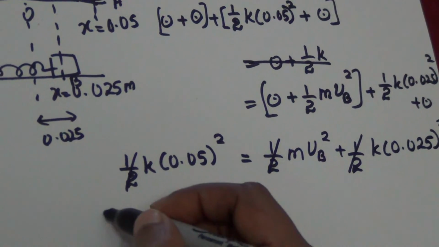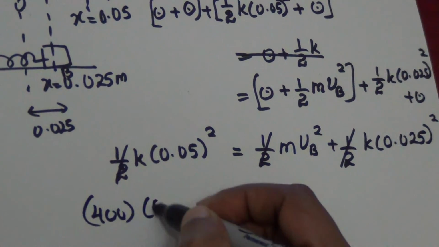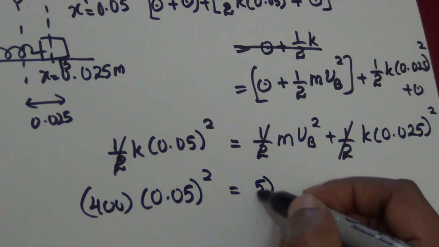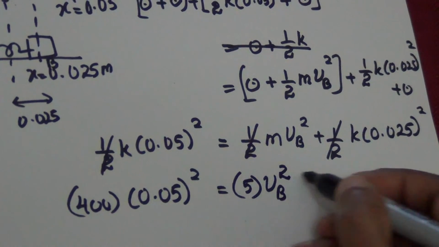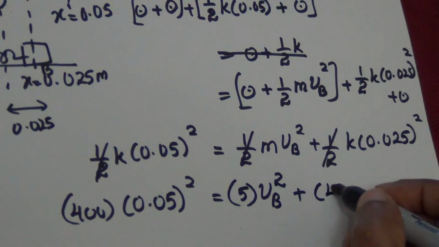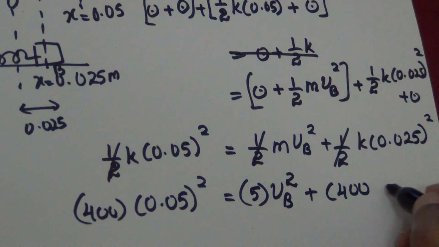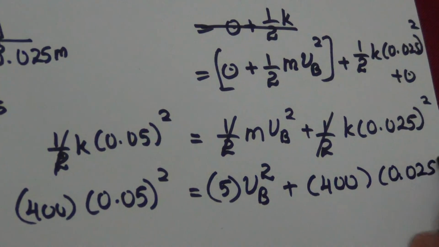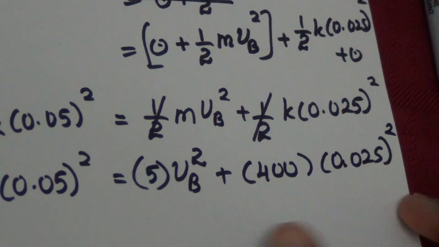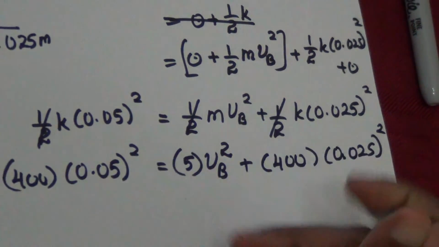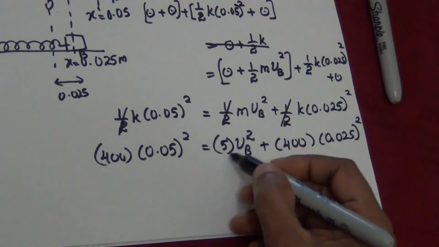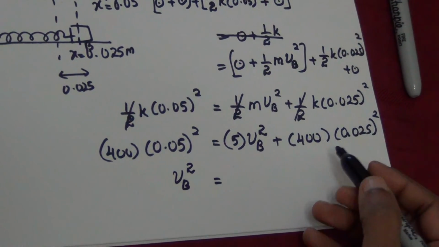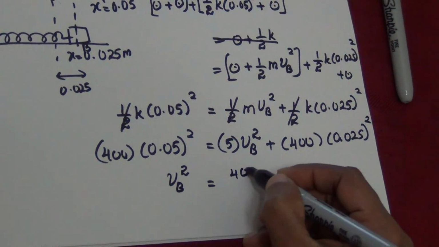The k is 400 times 0.05 squared, the mass is 5, the speed that we are going to find, and k is 400 times 0.025 squared. Now let's subtract this part from both sides, then divide by 5. You can do the steps one by one, but I'm doing them quickly.